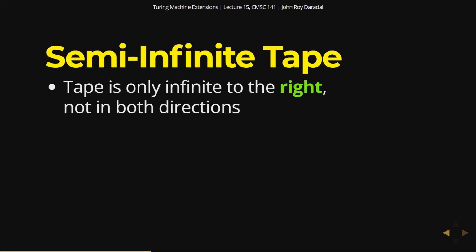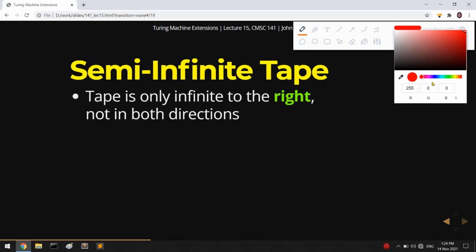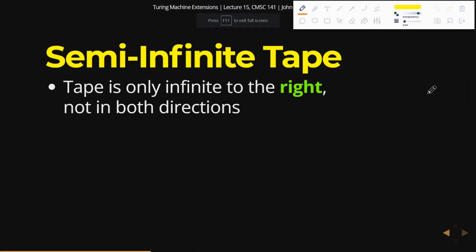So let's define first what a semi-infinite tape looks like. So normally we have an infinite tape for our Turing machine, right? So normally you'll have a tape which goes infinite to both directions.